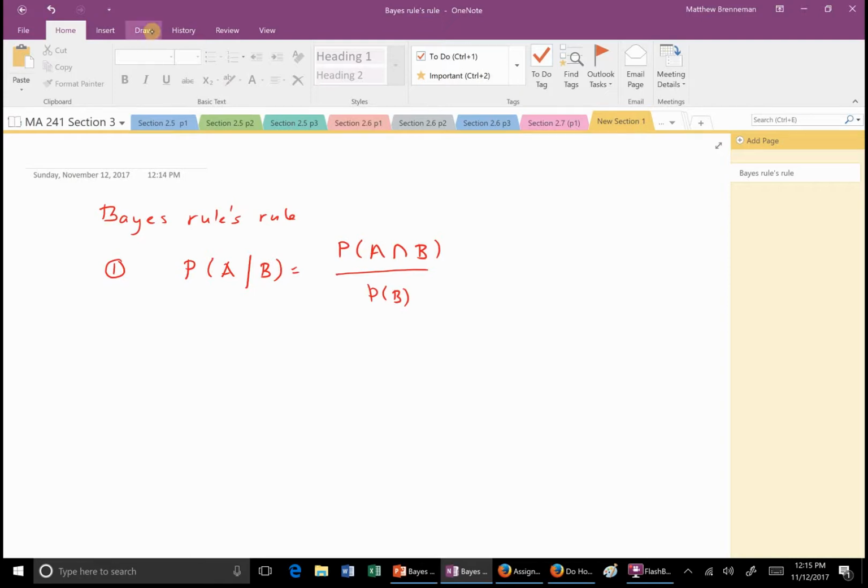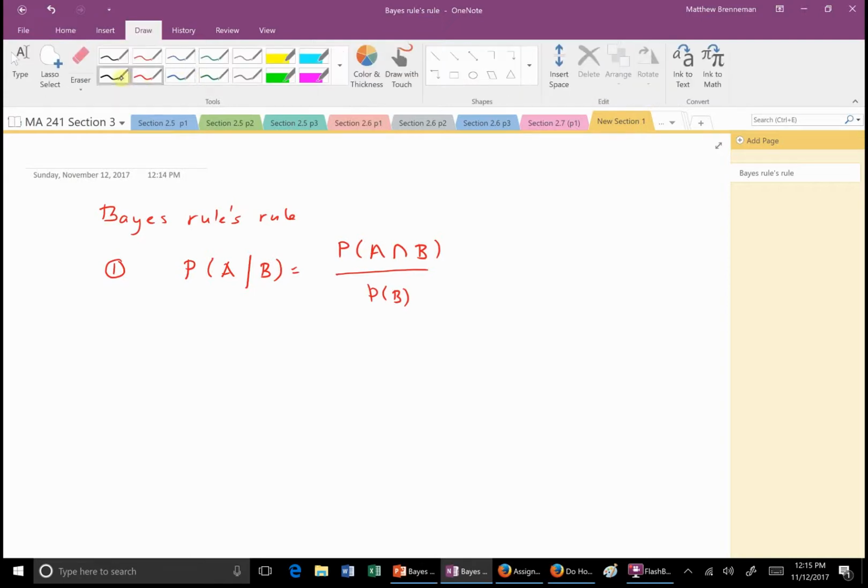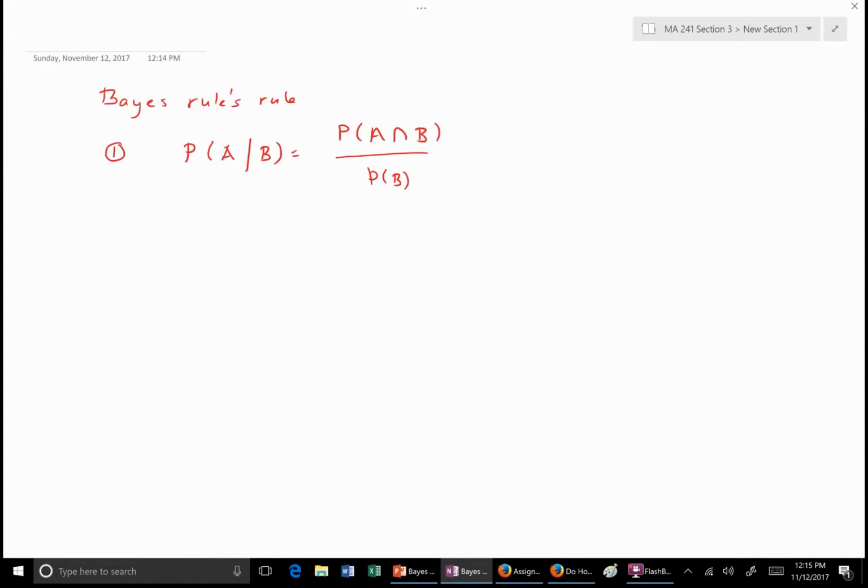So first, it's kind of useful to have a picture of what's going on. What we have in our mind is that this is going to be our sample space, and this is some event B. In fact, let me redraw this as a square.